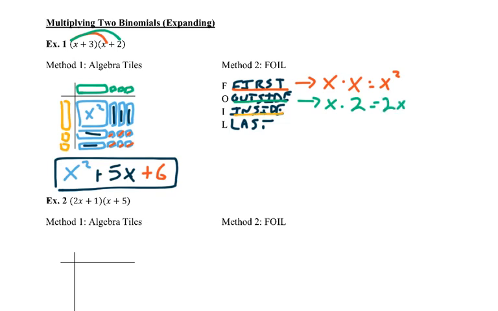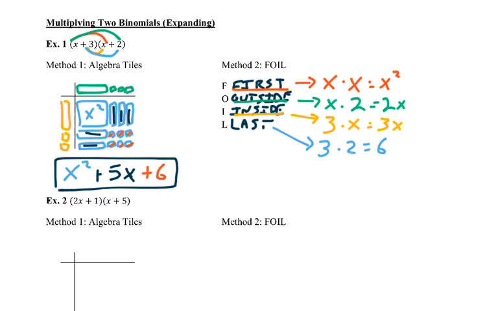For the inside terms, we multiply the second term in the first bracket by the first term in the second bracket, which gives us 3 times x, which is equal to 3x. And then for the last terms, you multiply the second term in the first bracket by the second term in the second bracket, which gives us 3 times 2, which is equal to 6.